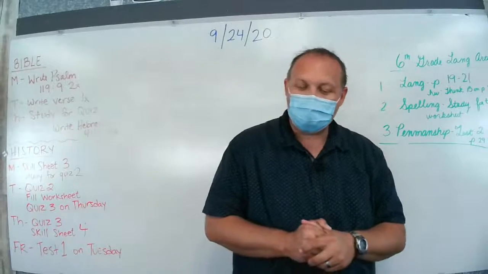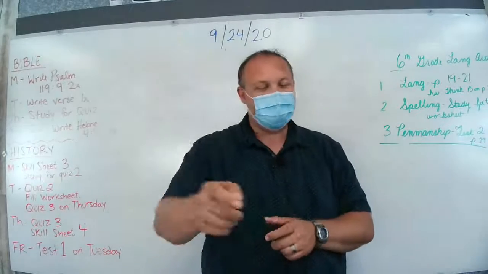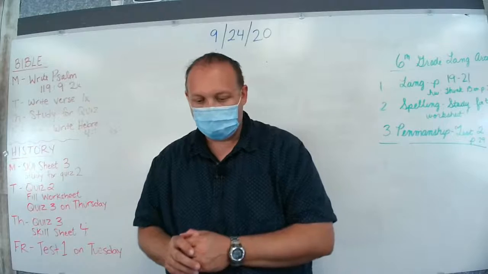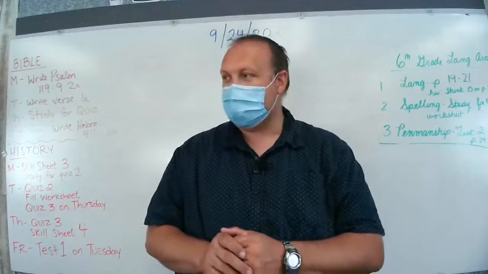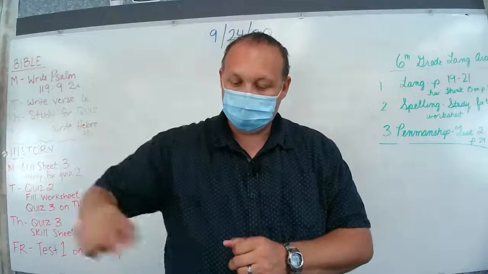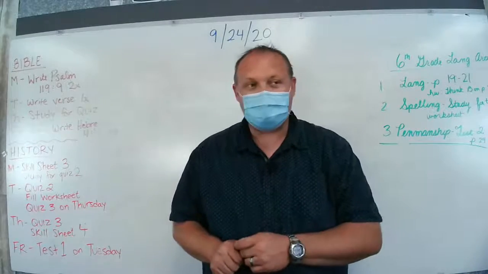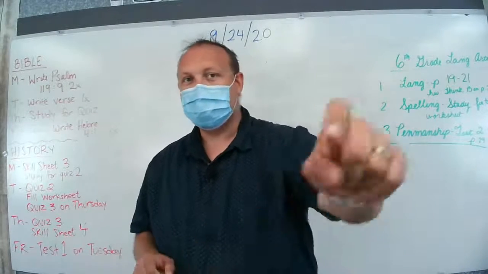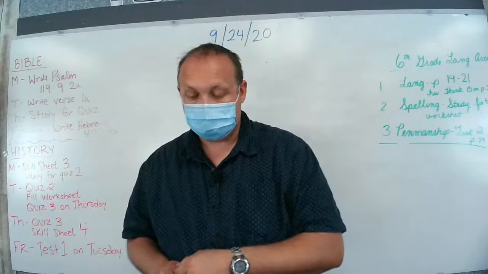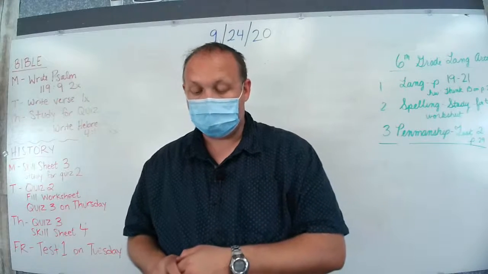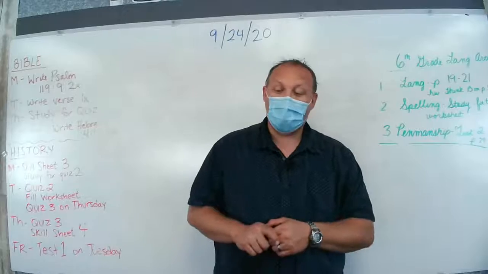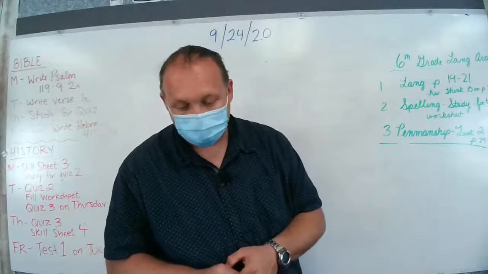How many pounds in a ton, Gavin? 2,000. How many quarts are in a gallon? How many liters are in a kiloliter? 1,000 liters are in a kiloliter.